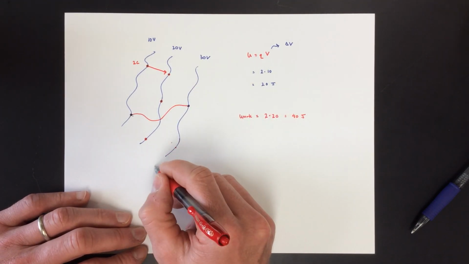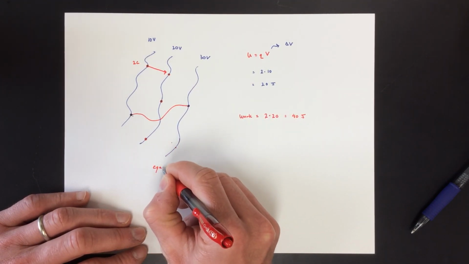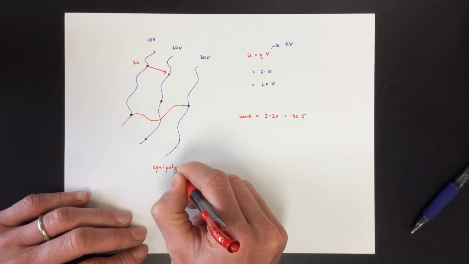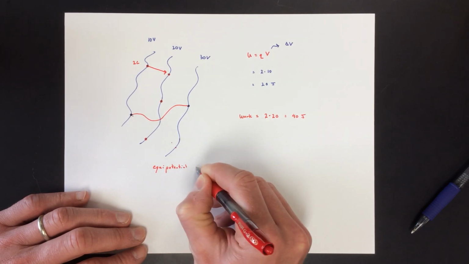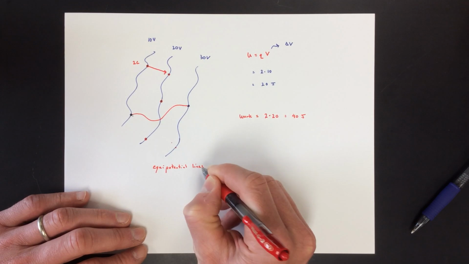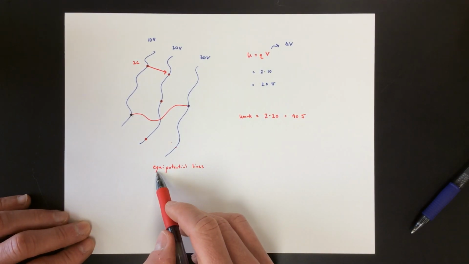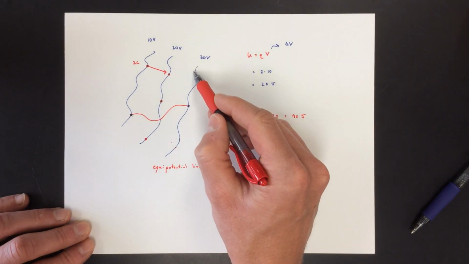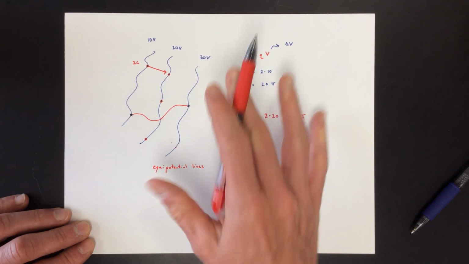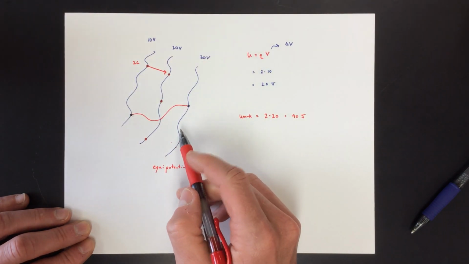And again, if I didn't mention this before, these would be called equipotential lines. Right? There are lines that show equal potential. So everything on this line somehow is created by some sort of charge configuration is 30 volts.